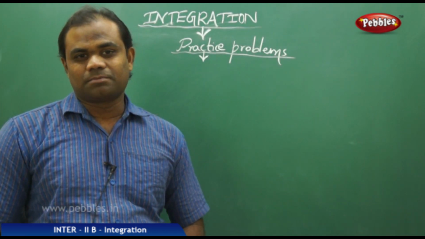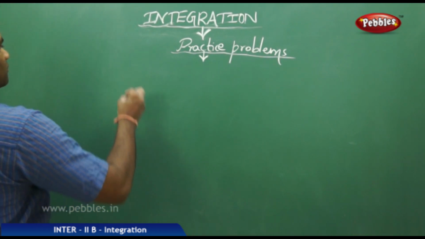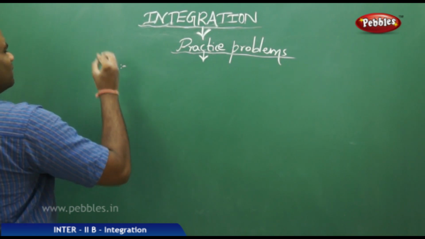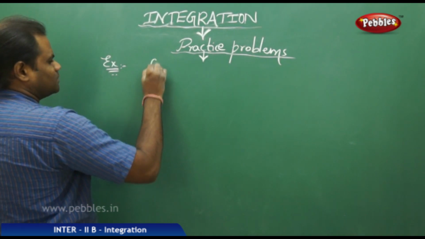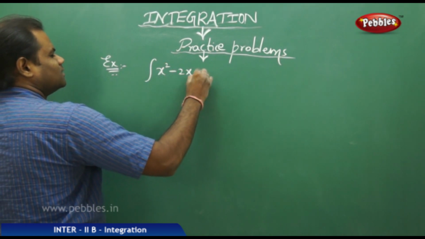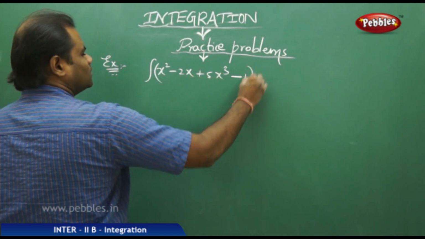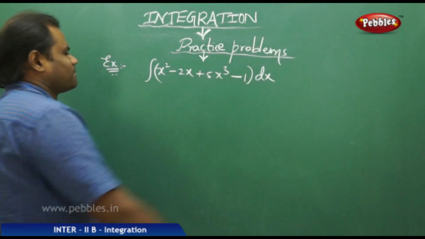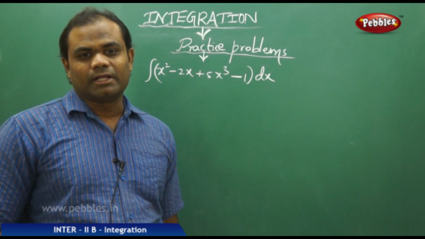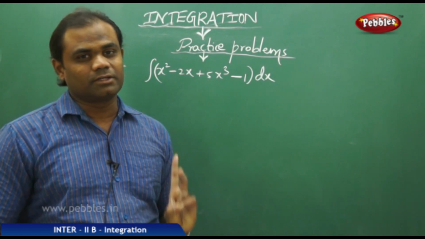Let's do some practice problems to understand integration better. So for example, I have to find integration of x squared minus 2x plus 5x cubed minus 1 of dx. Before we proceed with integration, there are two things we need to keep in mind.